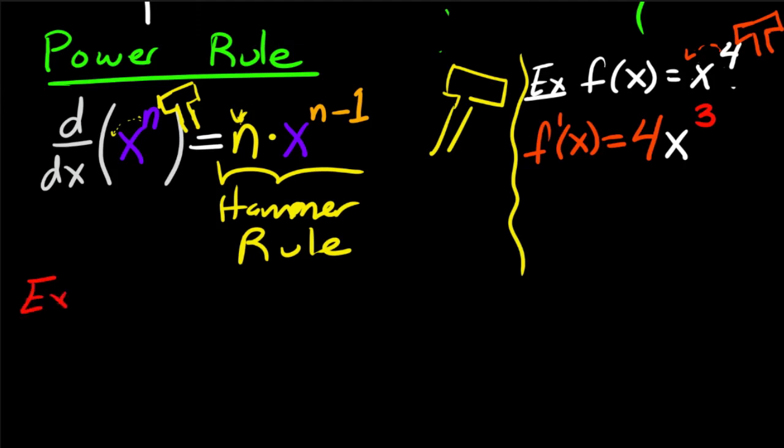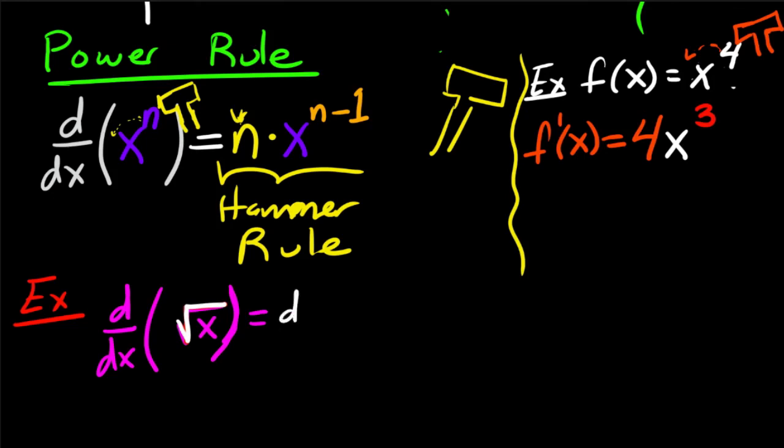Alright, let's do another one. Let's say you want to find the derivative of the square root of x. You go, well, wait, you can't do the power rule, the hammer rule for that. Aha, but you remember the square root can be written as a fractional exponent. This is equal to the derivative of x raised to the 1/2.